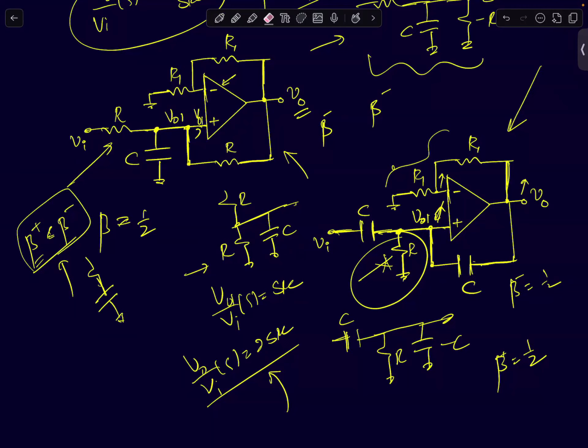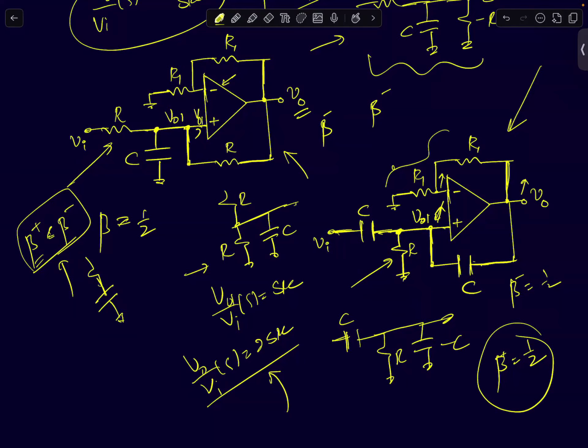The same logic holds true here as well. The moment I add a resistor here, the positive feedback gain decreases. The positive feedback factor will become slightly smaller than the negative path. So we can still say that this op-amp will be in negative feedback mode.